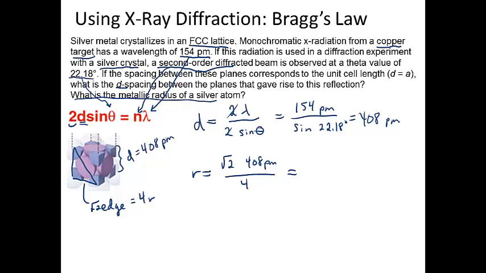That comes out to be 144 picometers. So that's the radius of the silver atom. And that ends this lecture.